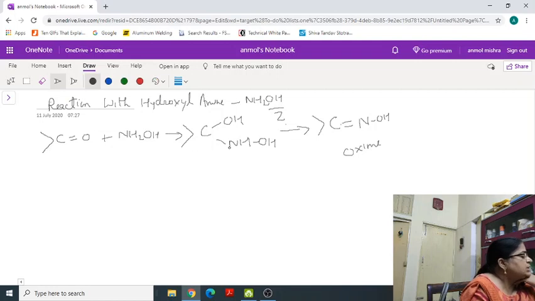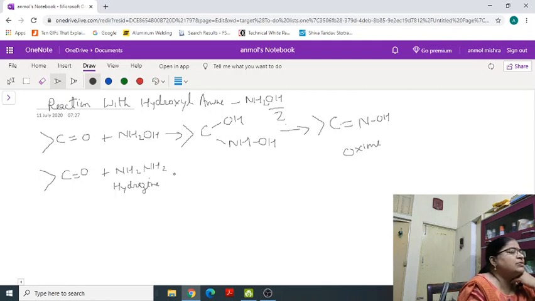Next is reaction with hydrazine. Hydrazine NH2NH2. This is called hydrazine. Now it will form.